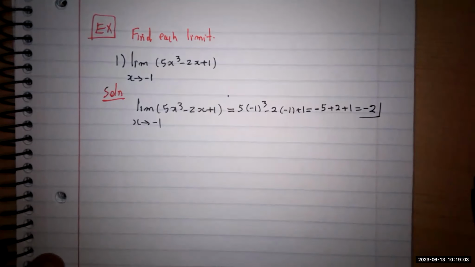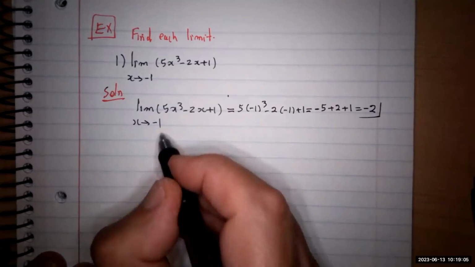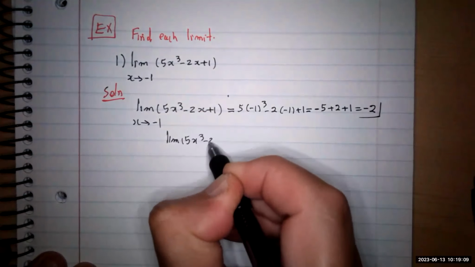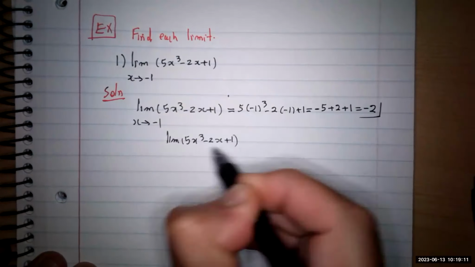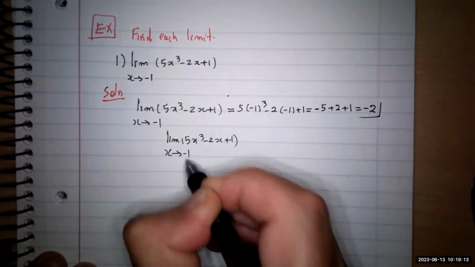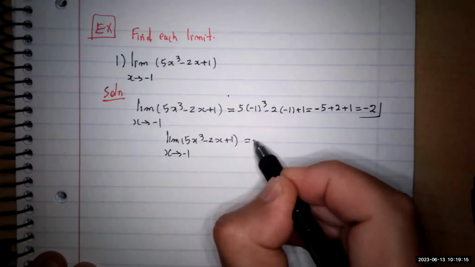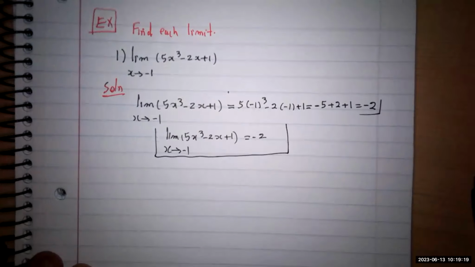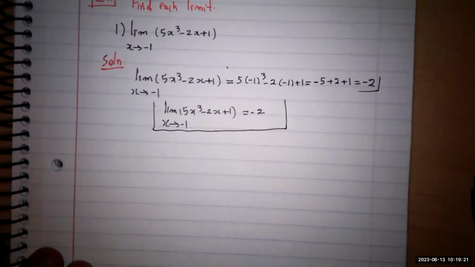I usually rewrite it, but you don't have to: the limit of 5x cubed minus 2x plus 1 as x goes to -1 is -2. That's the way we do it. Any question?